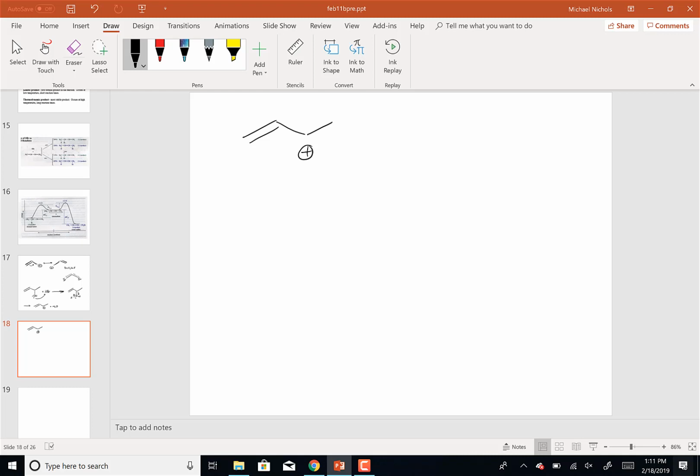So I'm going to go to the next page, and I'm going to say, okay, here is my carbocation. Does it have a resonance structure? Yes, can we draw it? Can I draw the hybrid? And there's the hybrid.